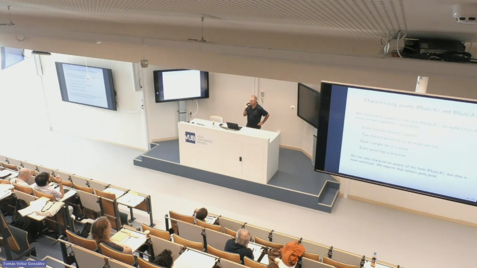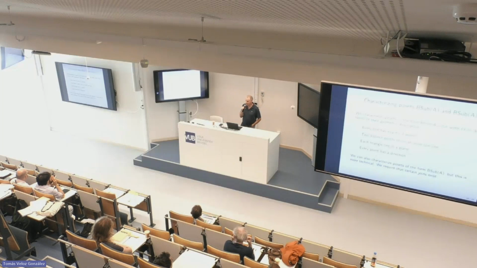All right, so you might then ask, can you characterize the geometric configurations that arise in this way? And you can, and it's fairly simple. You require that every line has exactly 3 points.